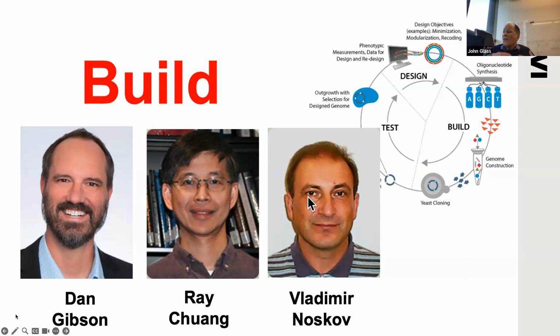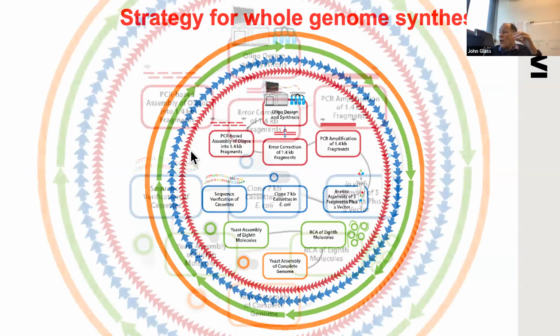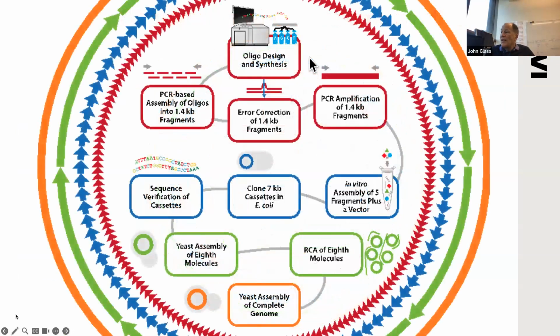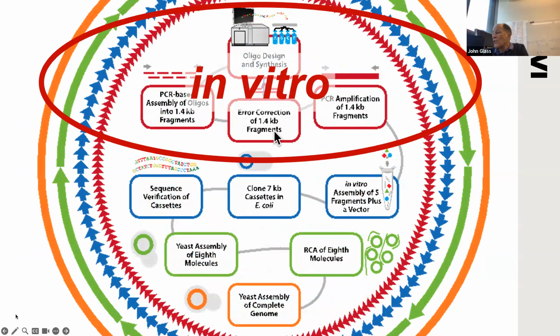And they first built the small synthetic pieces. So initially it's in vitro, where we do oligo design and synthesis to make 1 kb pieces, and then these are assembled in vitro to make larger pieces, we do error correction and amplify these.